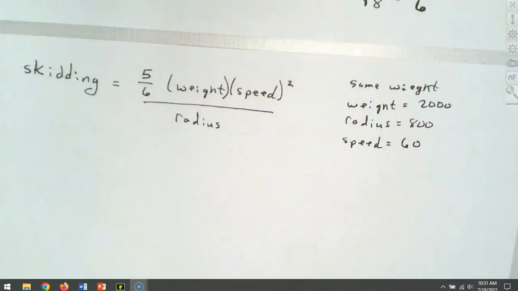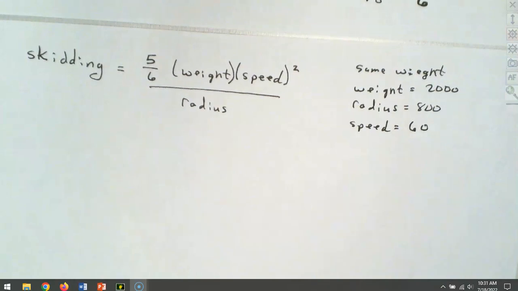Now the force that we need to keep this car from skidding, and that force is the tires control the force there, the stickiness of the tires and the rubber. It's going to change quite a bit. Why? Because what's squared here? The speed is squared. We doubled the speed.